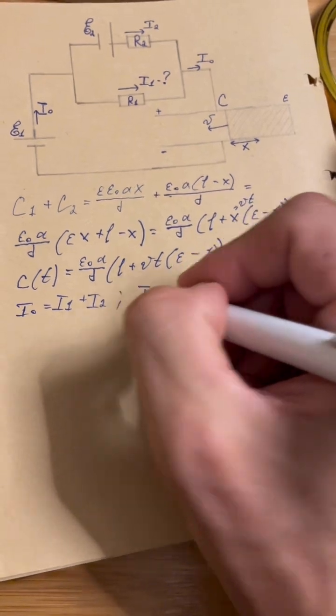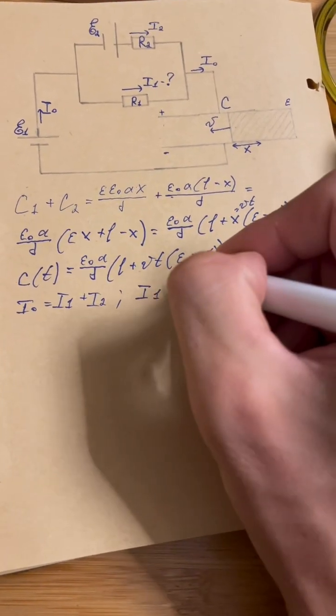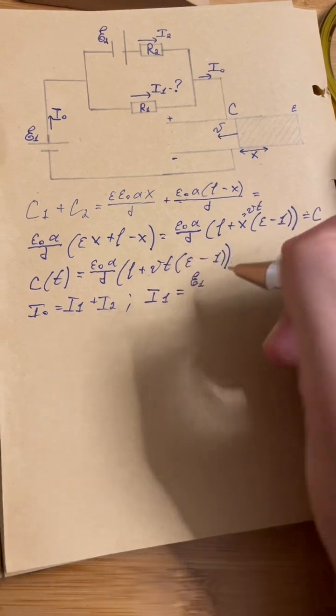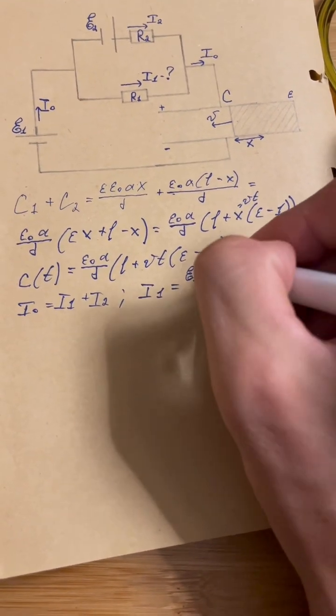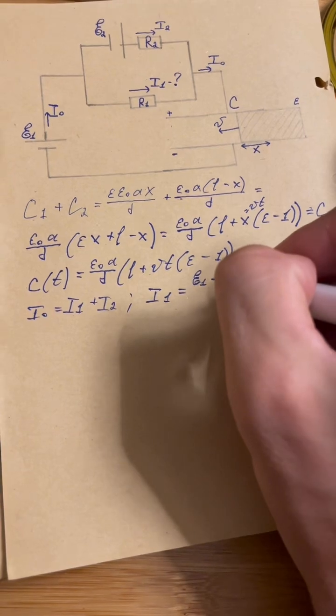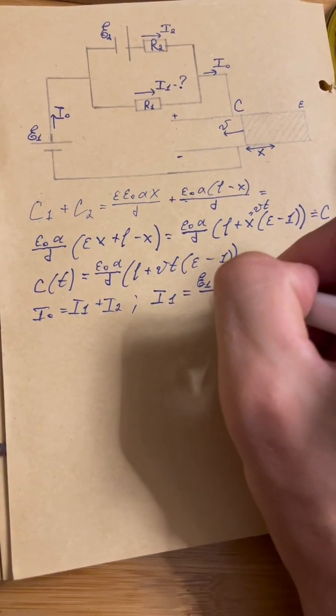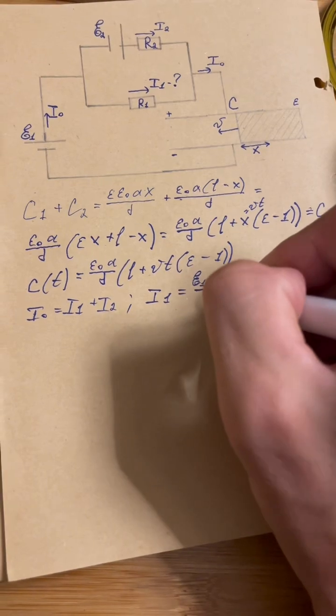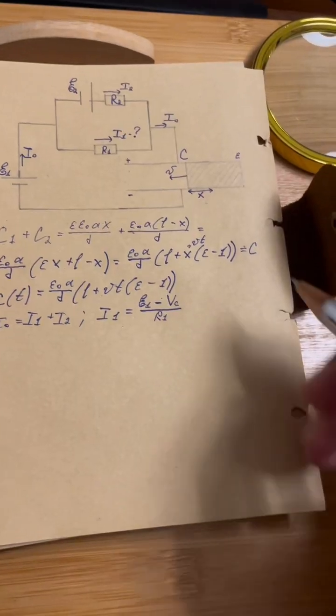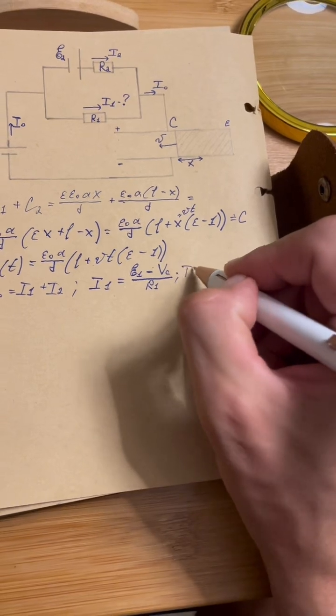I1 equals EMF 1 minus the voltage drop on the capacitor, divided by R1. And you will get the equation for I2.